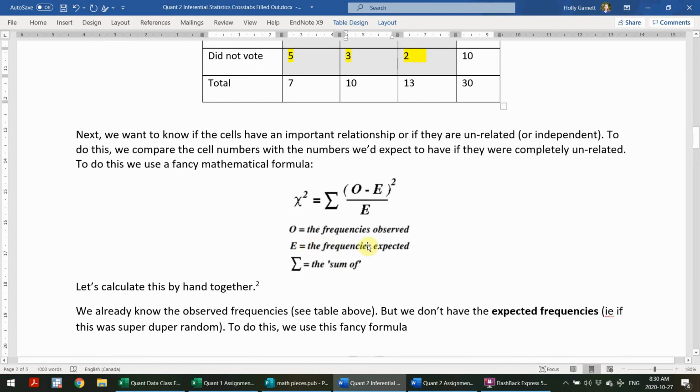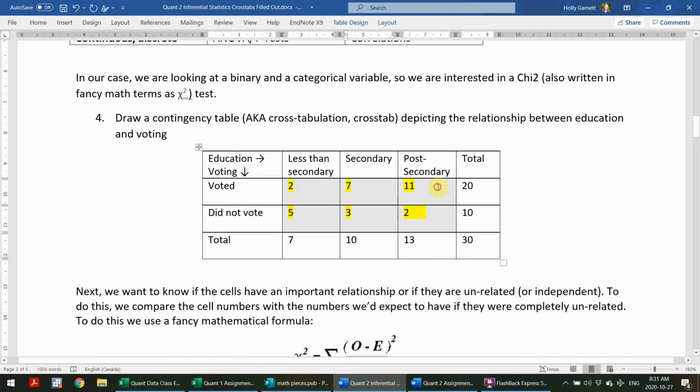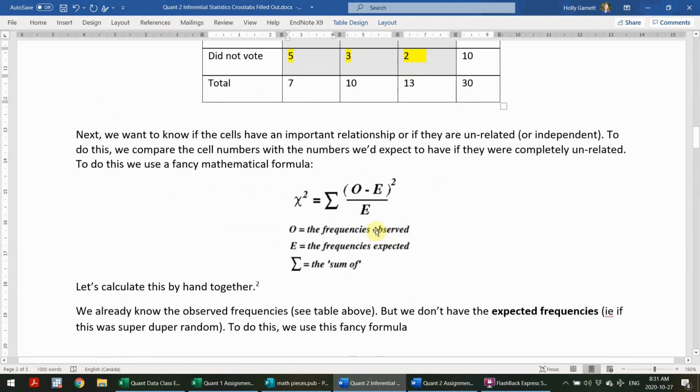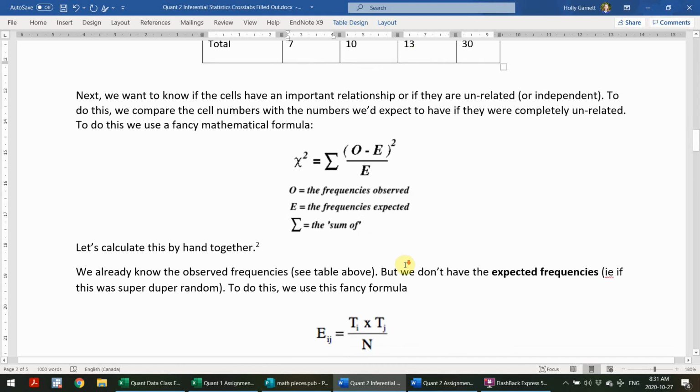And we have the frequencies expected, but we don't have that yet. So we need to do the sum for each of these cells that is highlighted. This formula right here, this part right here, but we don't have the frequencies expected yet. So we're going to have to calculate that by hand.